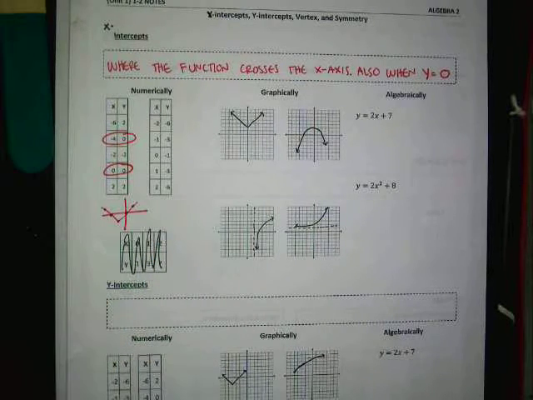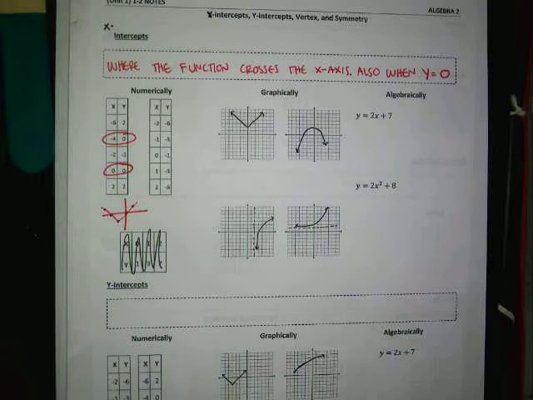All right, next table for Brianna. Does the y value ever equal 0? No, the second table. No, they don't. Not in the second table. Yeah, we're done with the first table. In the second table, they don't.